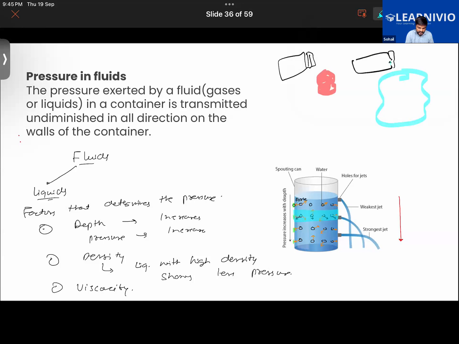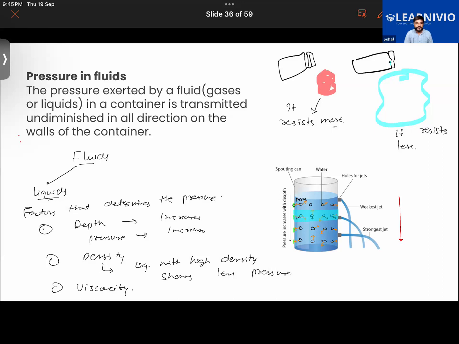So actually the thing is that honey resists the flow more, while water resists less.